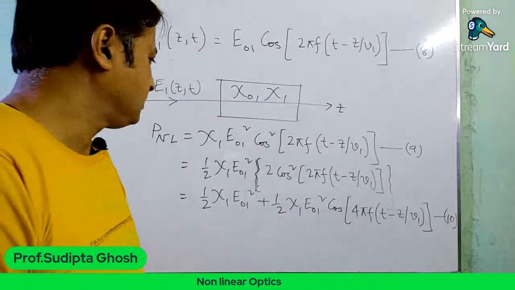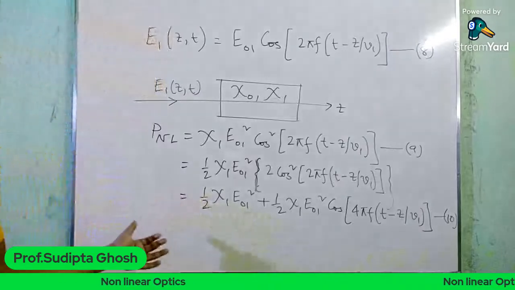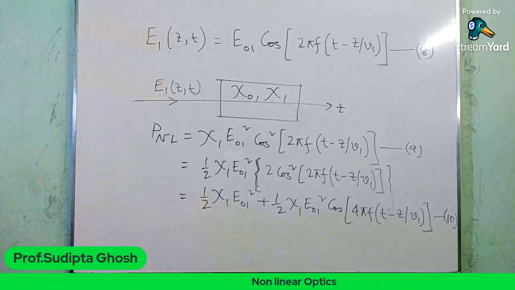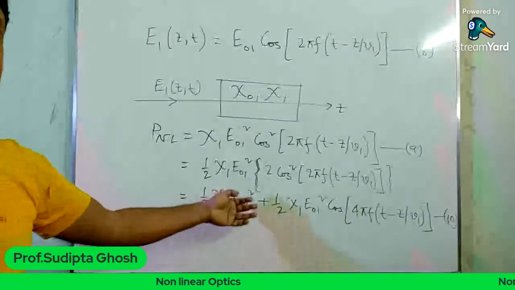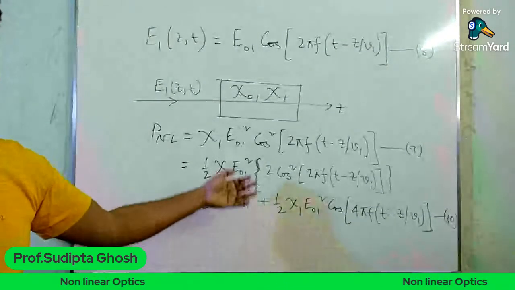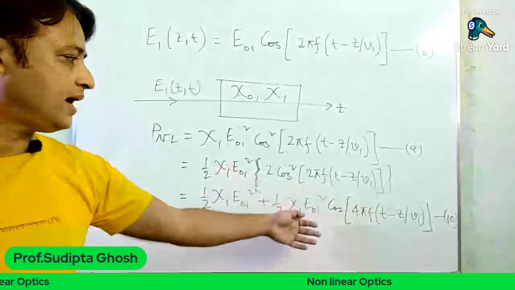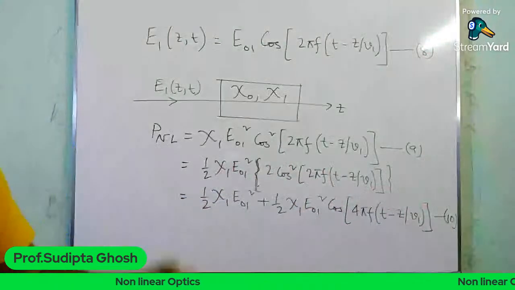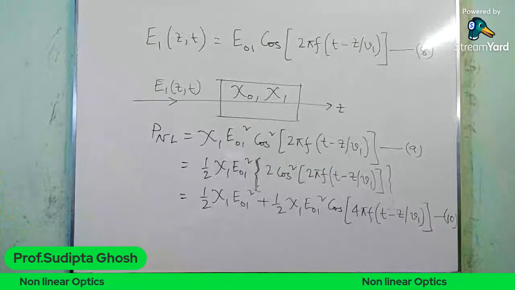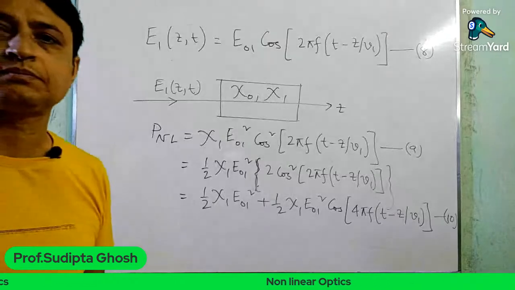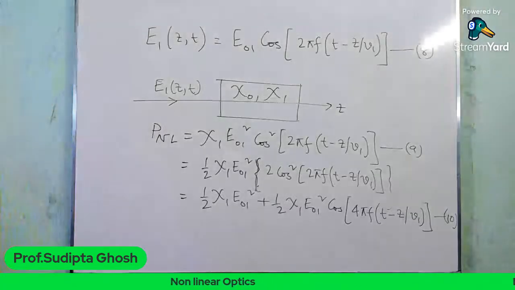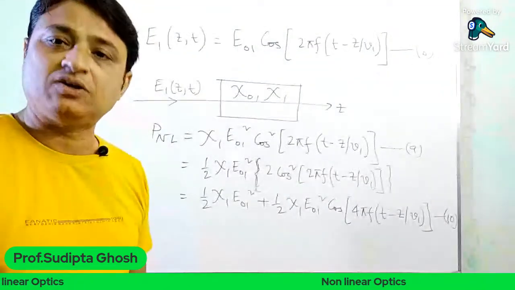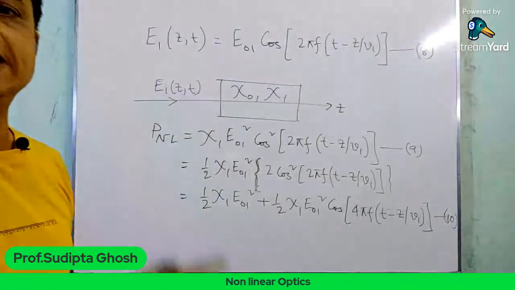So up to this, we have the nonlinear term PNL, which is half chi1 E01 square plus half chi1 E01 square cos 4 pi f into t minus z by v1. Now we have the linear effect also. Remember that linear term?